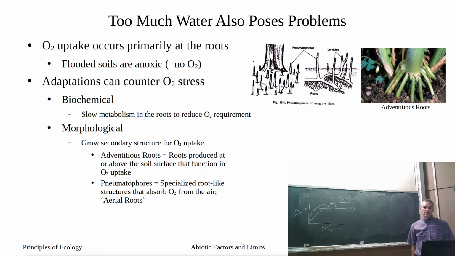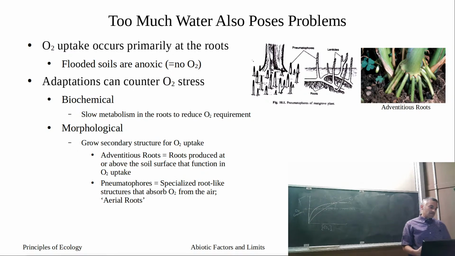All right, so how do the plants get around that? Two different adaptations. One is biochemical. With the biochemical, what we're saying is that the plants recognize that we're stressed for oxygen, and they just slow their metabolic rates. They slow their growth rates. They slow things down, and in doing so, they reduce their oxygen requirement.